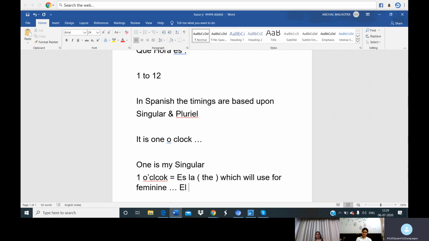And "el" we have an article. I will explain to you articles in full format. El means the, an article which is used for masculine. Is it clear to you?